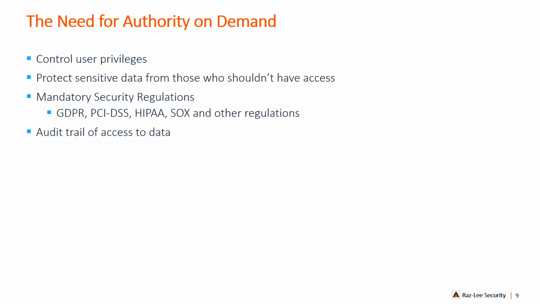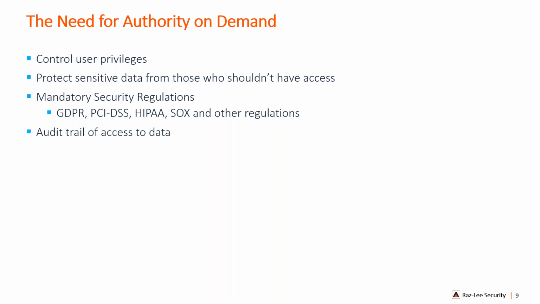First of all, we need Authority on Demand because we must control user privilege, and we must protect sensitive data from those who should not have access, especially in production. But not only production, because production has a replica to a DR machine or maybe a development machine, so we must think about protecting other machines too.